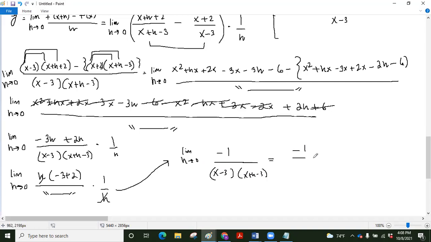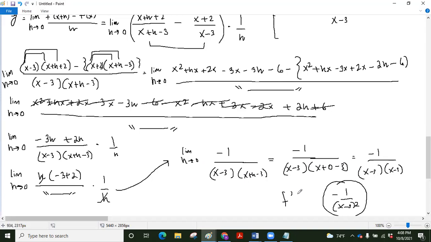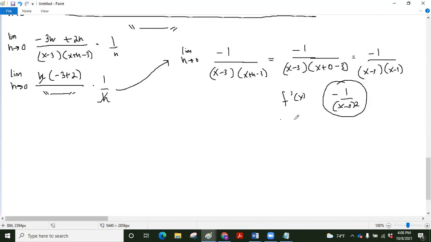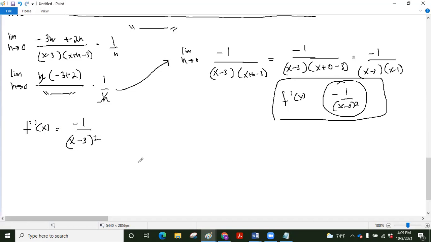So we'll say negative 1 over x minus 3, x plus 0 minus 3, which is just negative 1 over x minus 3 and then x minus 3. So this is negative 1 over x minus 3 squared. This is your f prime of x. So your derivative function f prime of x is equal to negative 1 over x minus 3 squared.